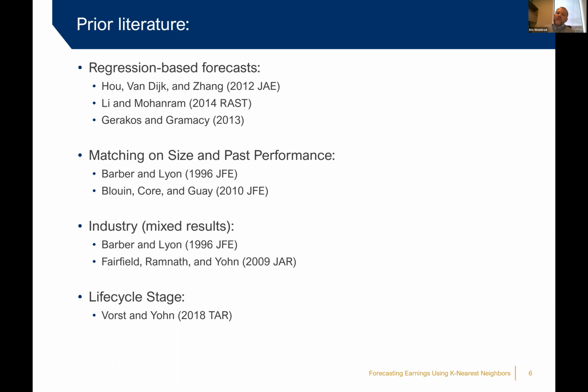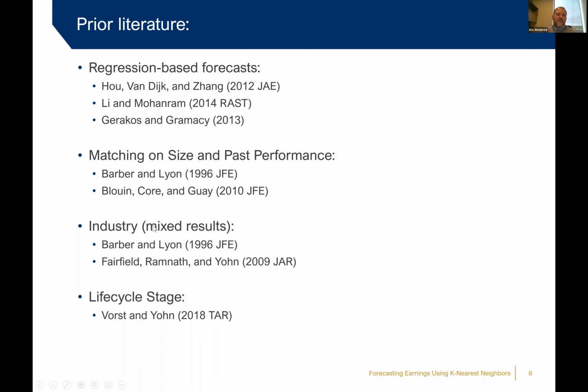So basically just in buckets based on size or industry or past profitability. So I think Barber and Lyon would be the classic paper in that line of literature. And then Blue and Core and Gay, they have a much different research question, but they sort of modernize the Barber and Lyon approach. So we end up using that as one of our comparison models.